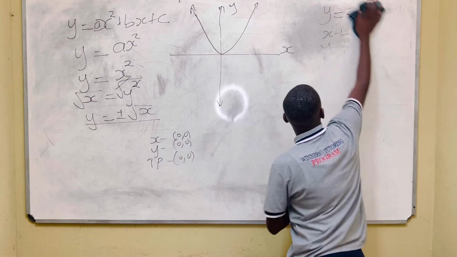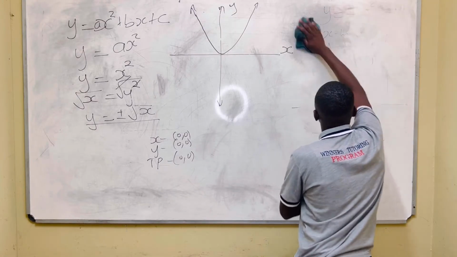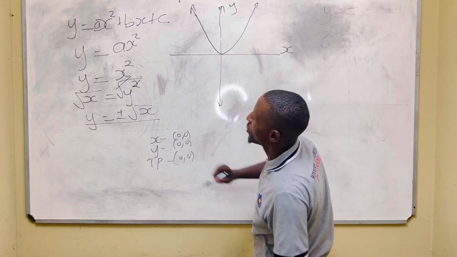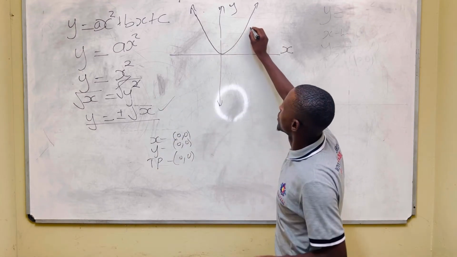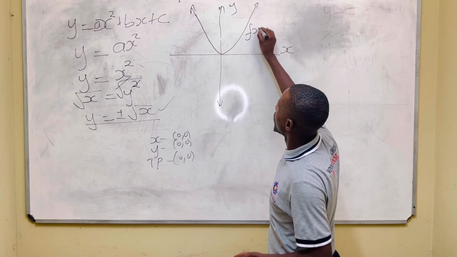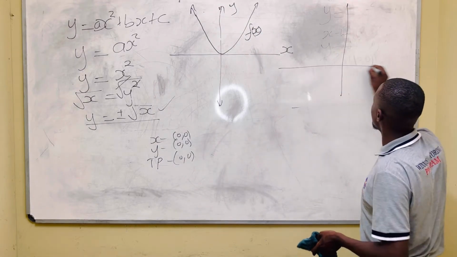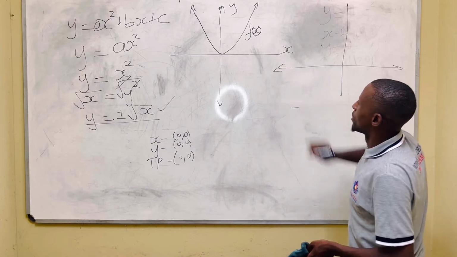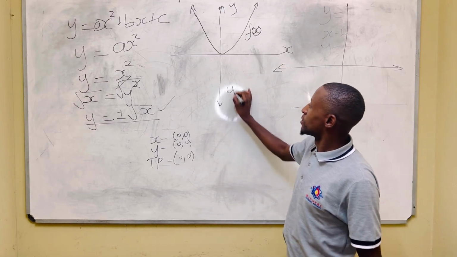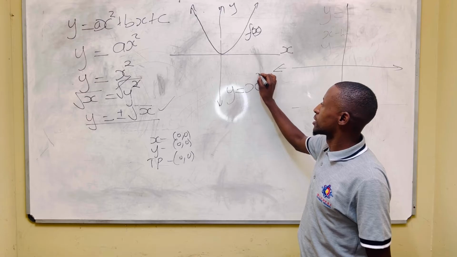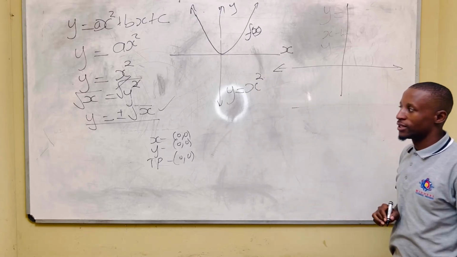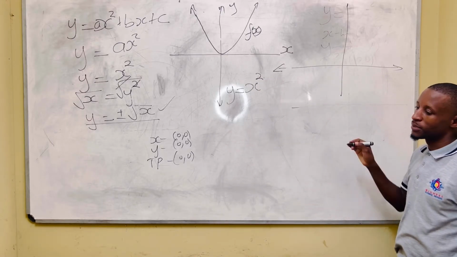Remember, the first thing I said is that you must find the equation of the inverse. So the equation of the inverse, we got it. This one will be f of x, and its inverse. Let's check the shape of the inverse. The original graph was given by y equals x squared. Let's check how the inverse is going to be in terms of the shape.